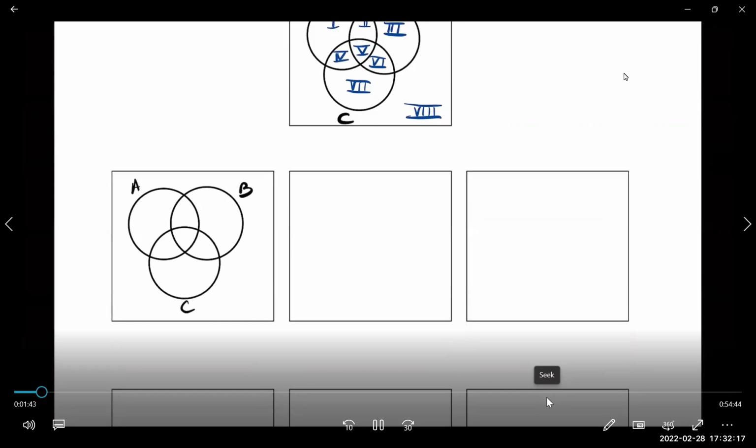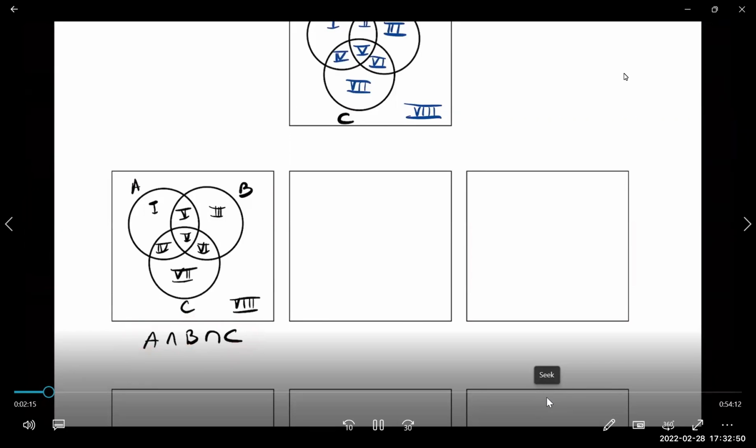Let's say we wanted to figure out what is the intersection of A and B and C. So does anybody know which region that would be? 2, 5. You said the intersection, right? Yeah, the intersection of all 3 sets.